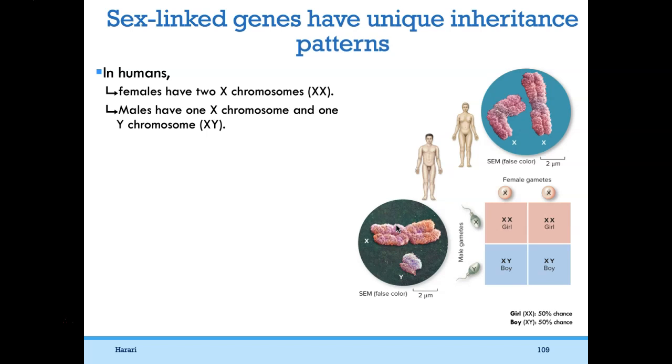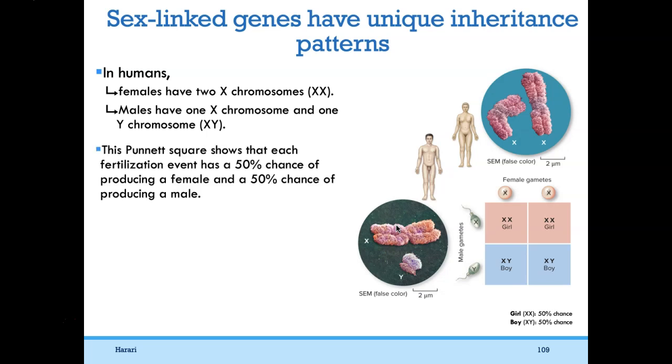So those were autosomes. Now let's talk about sex-linked genes. We know the sex chromosomes are X and Y. And in humans, females have 2 X chromosomes, males have 1 X chromosome and 1 Y chromosome.